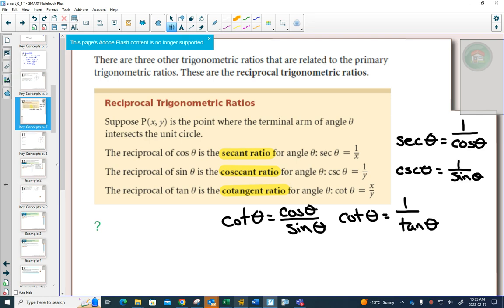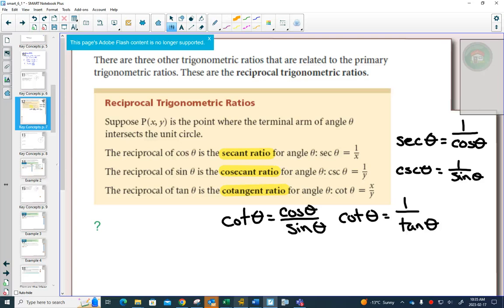If tangent is sine theta over cos theta, and cotangent is the reciprocal, reciprocals take fractions and flip them, right? Remember doing the negative reciprocal for slopes of perpendicular lines, where you found the slope by flipping the fraction and making it negative? So then cotangent is 1 over tan, and that also means that cotangent is cos over sine.